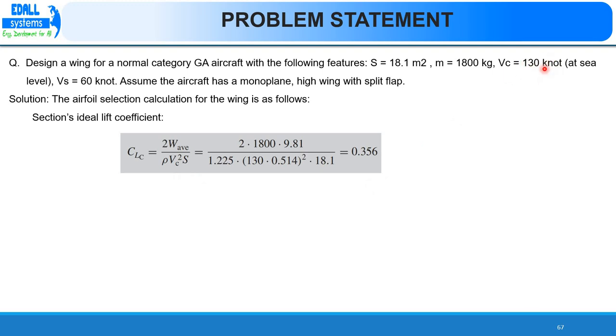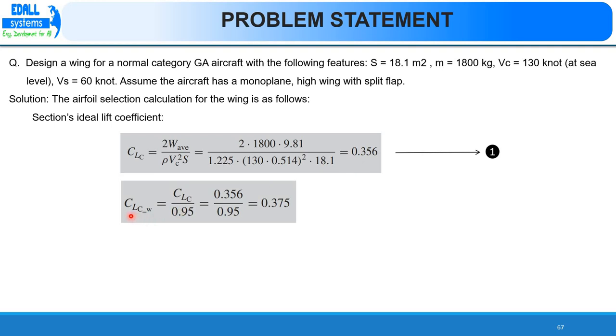To convert knots into meter per second, you need to multiply 130 with 0.514, and the wing area is also given, it's 18.1 meters square. So after solving this equation, you will get the value of cruise lift coefficient as 0.356.